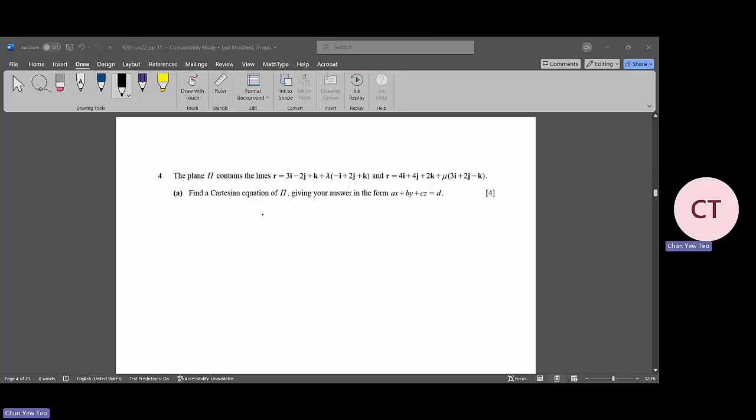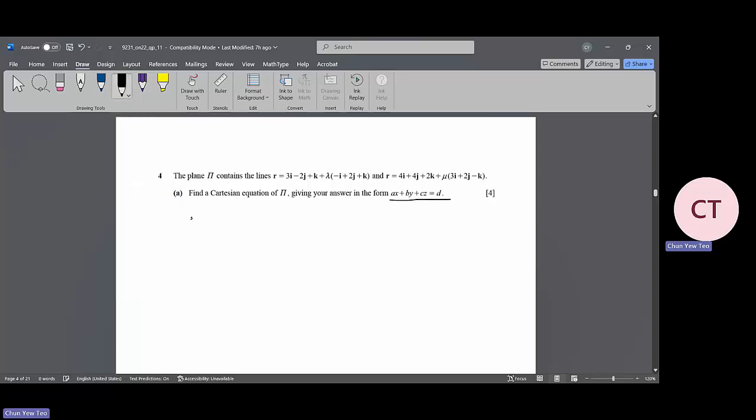The plane pi contains the lines L1 and L2. So find the Cartesian equation of the plane pi, giving your answer in the form ax plus by plus cz equals d.